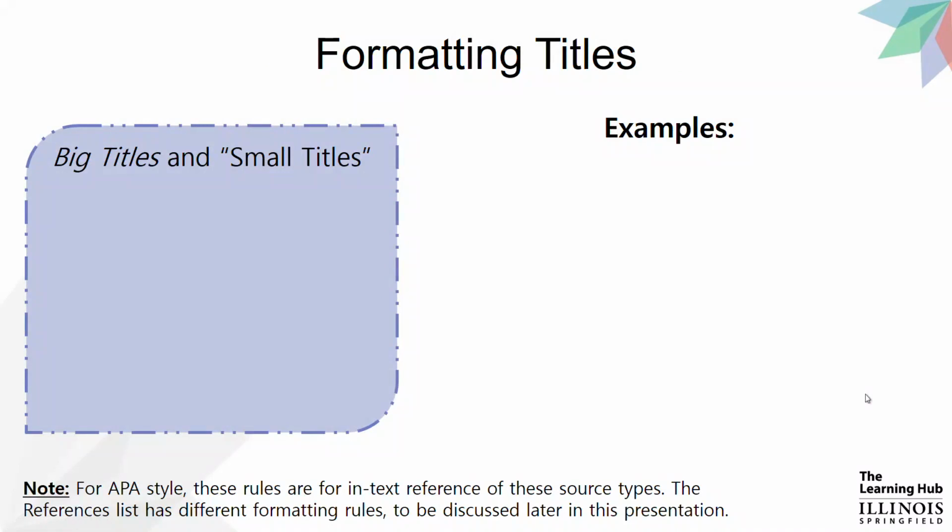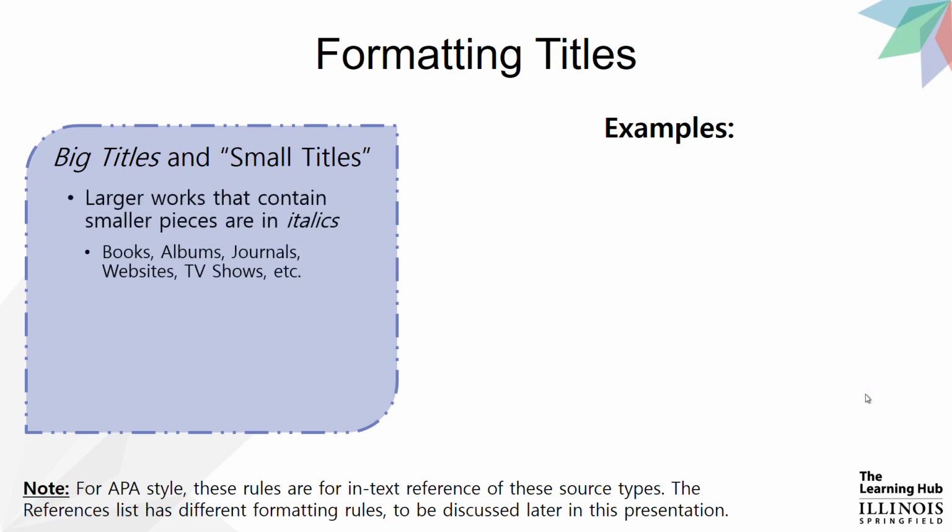Another thing to talk about, which is generally shared between MLA and APA, is the difference between big titles and small titles. We also call these containers, things that contain smaller things, and things that are contained, smaller works that are part of something larger. So larger works that contain smaller pieces are usually placed in italics.